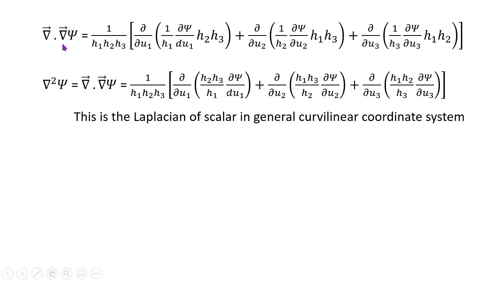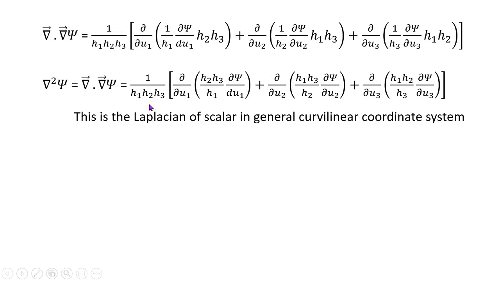Then we get del dot del psi equal to 1 upon h1 h2 h3 times del by del u1 of 1 upon h1 del psi by del u1 h2 h3 plus del by del u2 of 1 upon h2 del psi by del u2 h1 h3 plus del by del u3 of 1 upon h3 del psi by del u3 h1 h2.